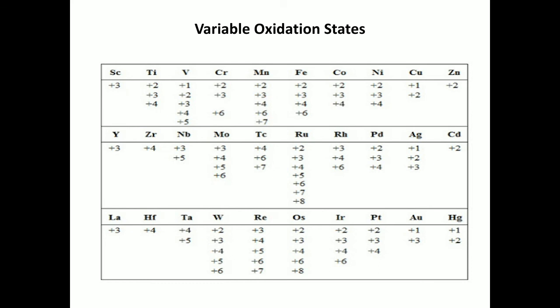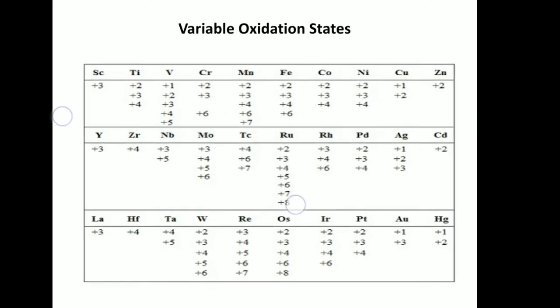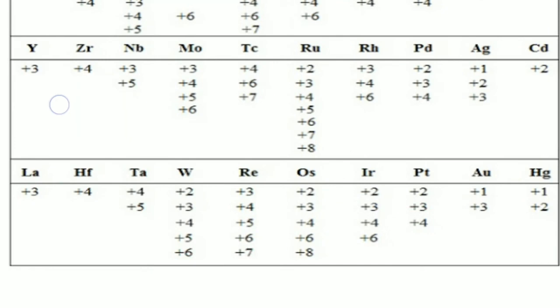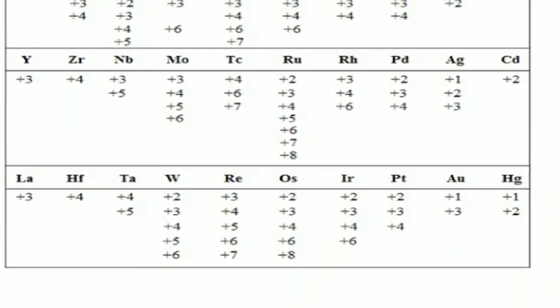So the highest oxidation state exhibited by the d block elements is +8, which is shown by the 4d series element ruthenium and the 5d series element osmium. But ruthenium has a less stable +8 oxidation state, so osmium shows the more stable +8 oxidation state.